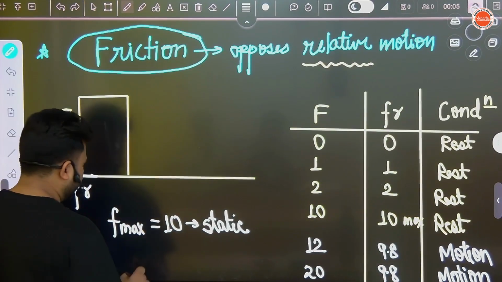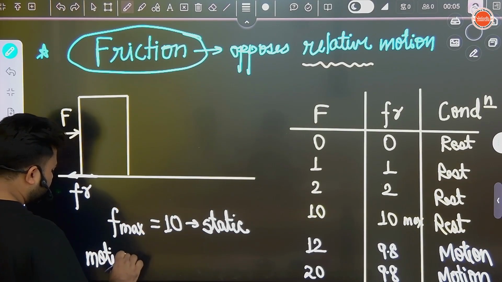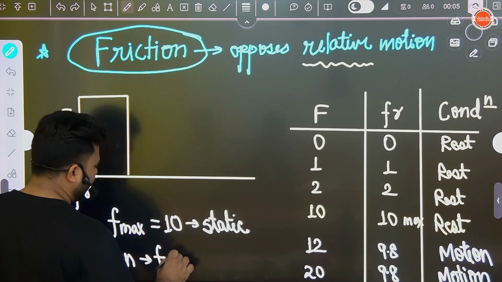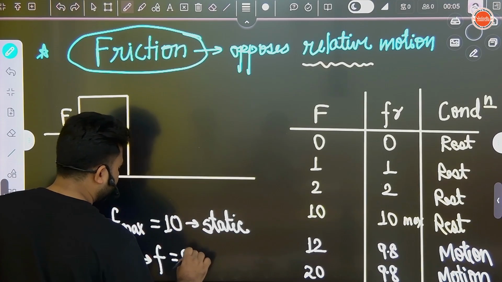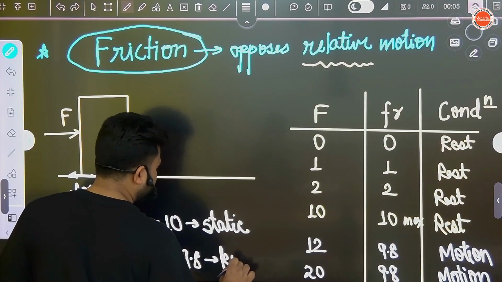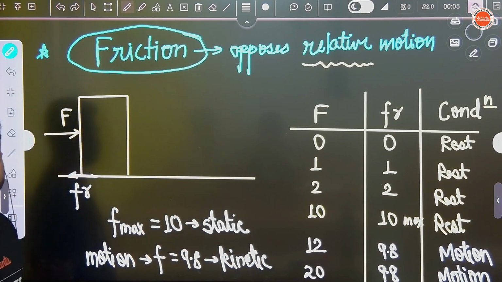Later on, when the object is in motion, and someone asks what is the friction value, the friction value will become constant, 9.8. This is slightly less than this, and this is called kinetic friction.